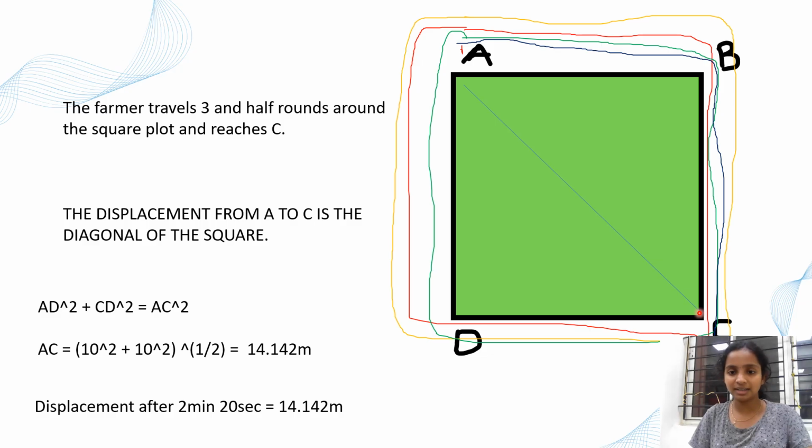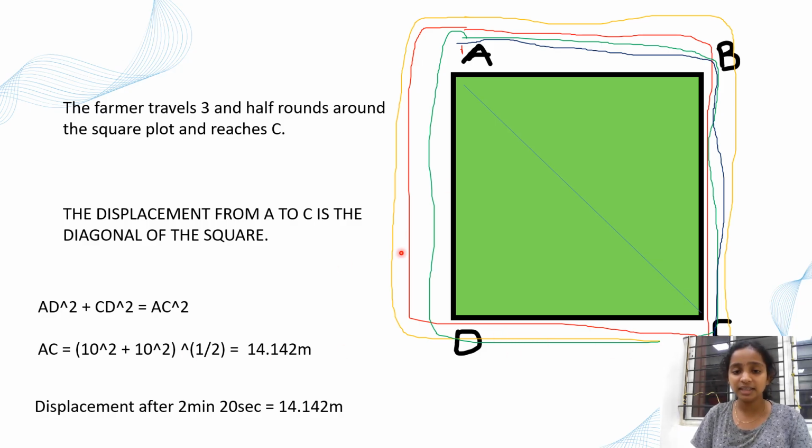So how to find the diagonal AC? We have already learned the Pythagoras theorem. Right. So what is the Pythagoras theorem? Hypotenuse square is equal to base square plus altitude square. So in this figure, it will be AC square is equal to CD square plus AD square.